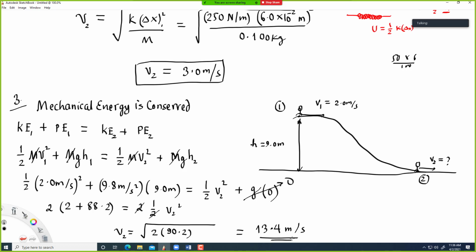Okay, that's the speed at the bottom of the ramp, or the water slide. So let's look at number 4.